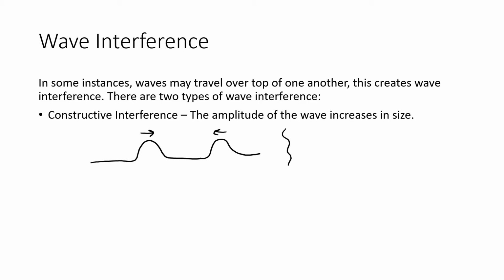So it'll be momentarily a really tall wave, but then the two will just pass straight through each other and keep going. This is called constructive interference, when the two waves add to make a larger wave.